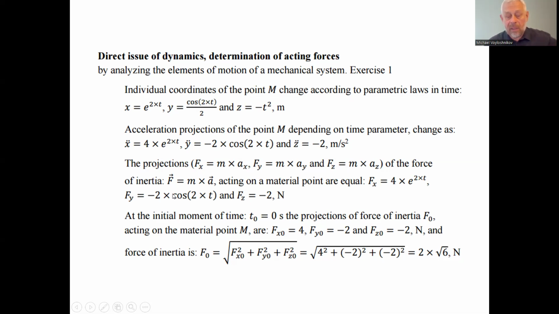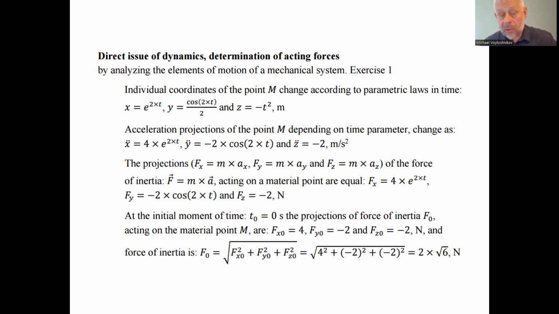Since the mass equals 1, the force is formally the same as the acceleration. Next, at the initial moment of time t equal to 0, we can find the magnitude of the total force in space, by the Pythagorean theorem: the square root of the sum of the squared projections on the coordinate axes. We have 2 multiplied by the square root of 6 newtons. This is the magnitude of the force acting on the body at the initial time.